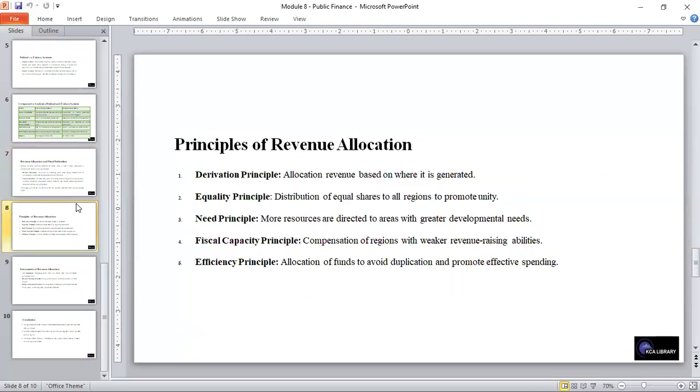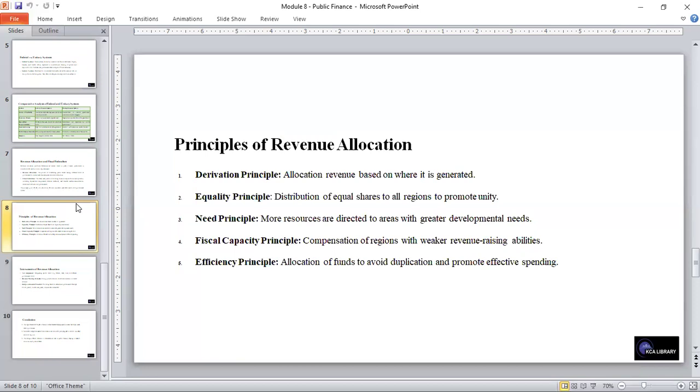We have principles of revenue allocation. These are the derivative principle, which talks about allocation of revenue based on where it is generated. We also have the equality principle, which talks about the distribution of equal shares to all regions to promote unity. And we have the need principle, which directs more resources to areas with greater developmental needs.